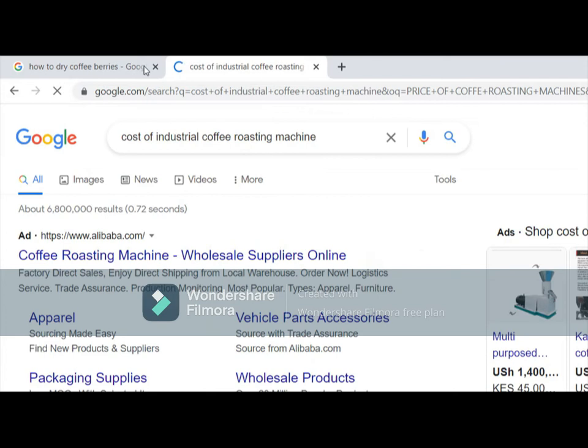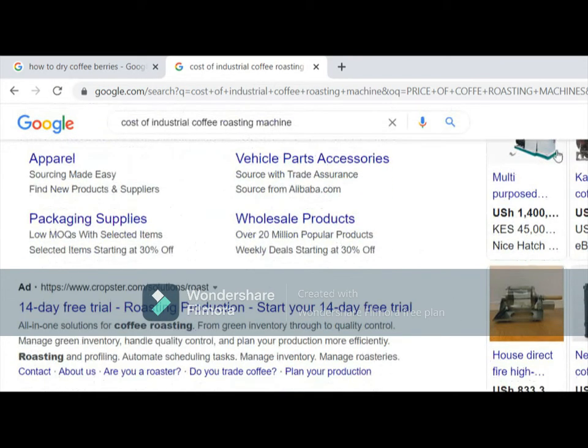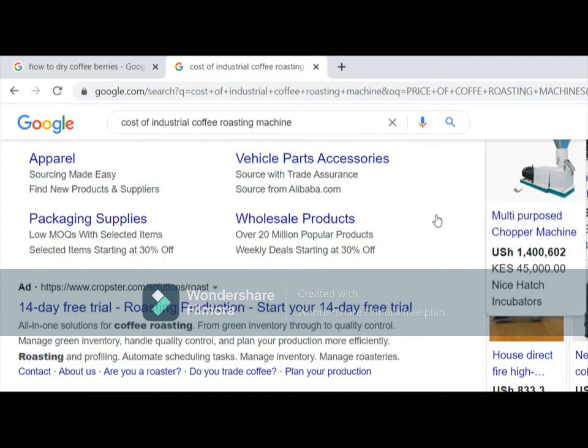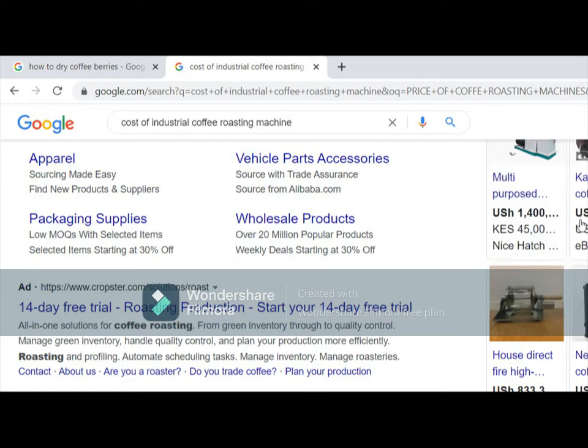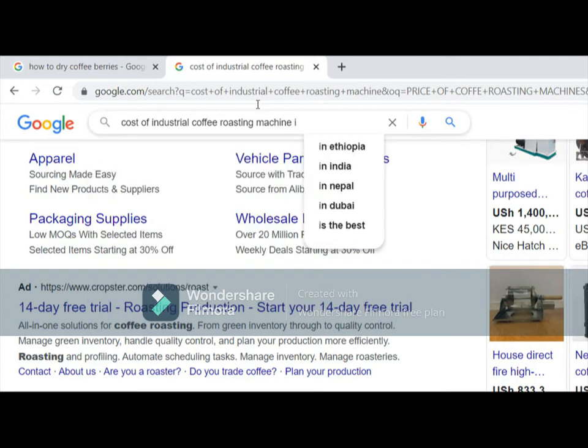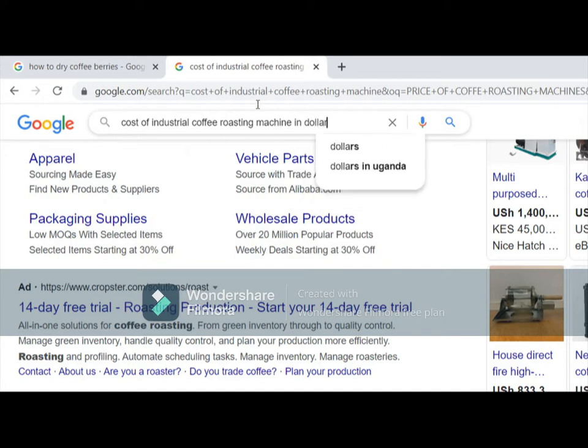Price of a coffee roasting machine. You can see, here they're showing 1,400,000 Ugandan shillings plus. Let's see it in dollars.